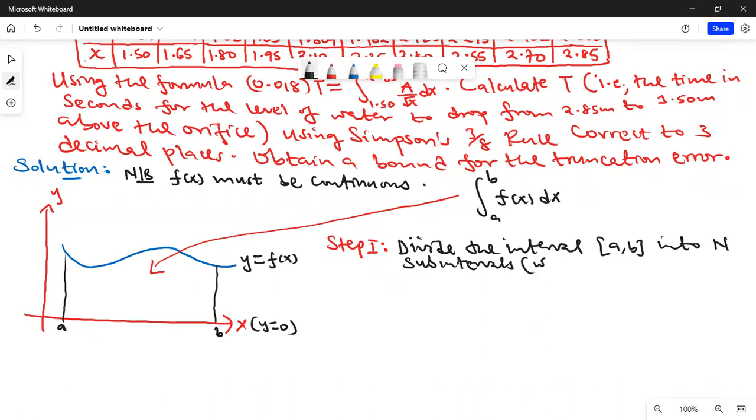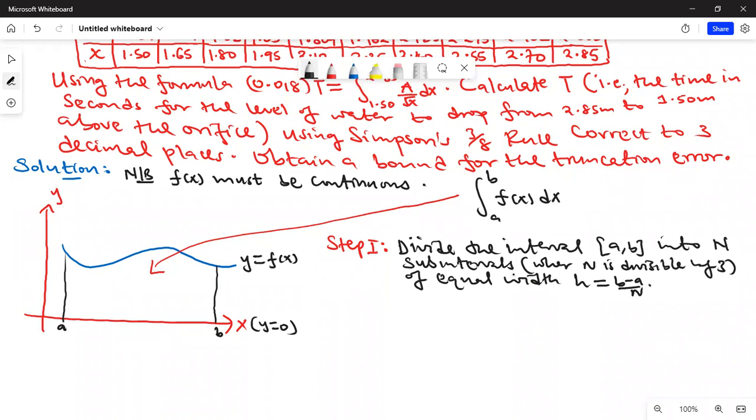So subintervals of equal width h, where h is given by b minus a over n.